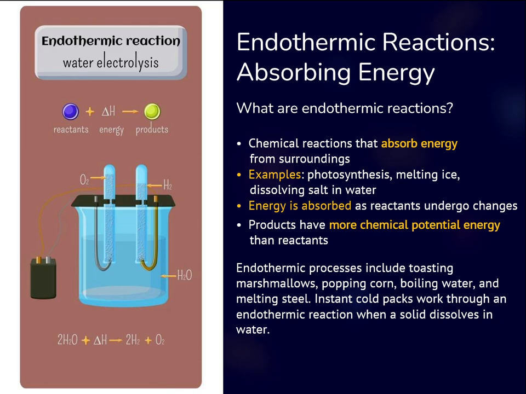Some examples include photosynthesis, in which plants absorb sunlight to make glucose; melting ice, where energy from the air is absorbed to change phase; and dissolving salt into water, like in an ice pack or when making ice cream. These are all endothermic reactions. Remember, if a reaction or process feels cold to the touch, it's likely endothermic, meaning energy is being absorbed from you or the environment.